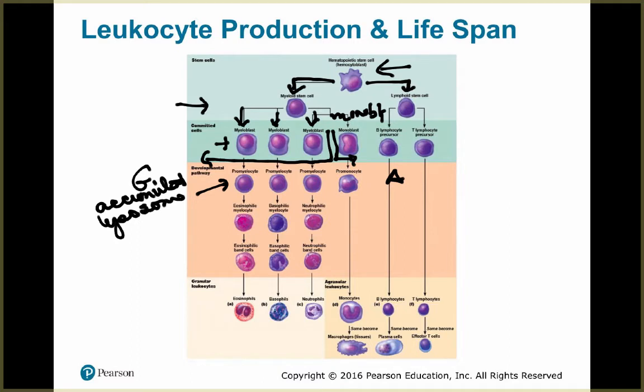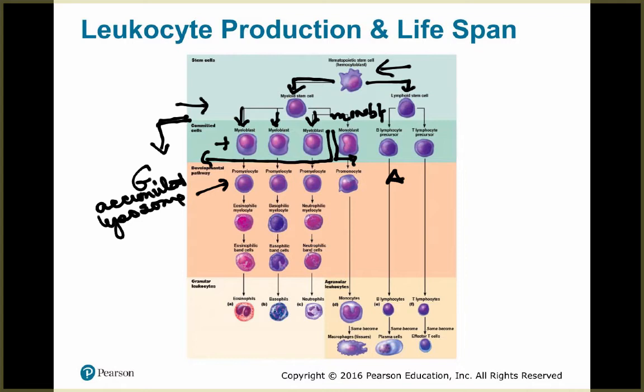And if you remember, lysosomes hold hydrolytic enzymes that can essentially help to break things down. Now, each one of these, depending on the type, at this point, once we reach here and down, they're committed to whatever it is that they're going to end up being once they're past that myeloid stem cell stage.